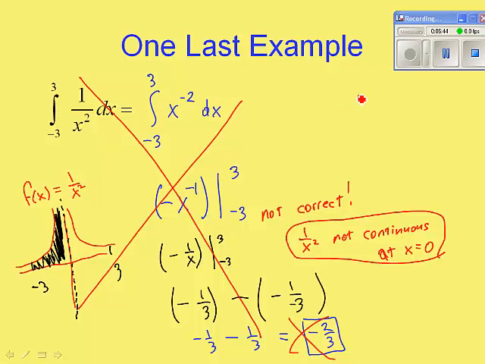The idea is going to be to rewrite it like this. But this is no good either right now. Why is this no good? Because you can't even put a 0 in for the function.